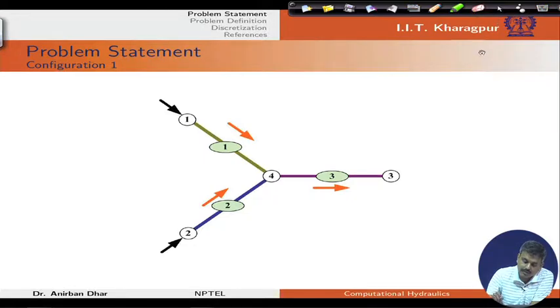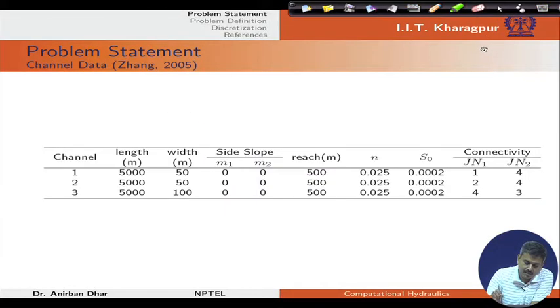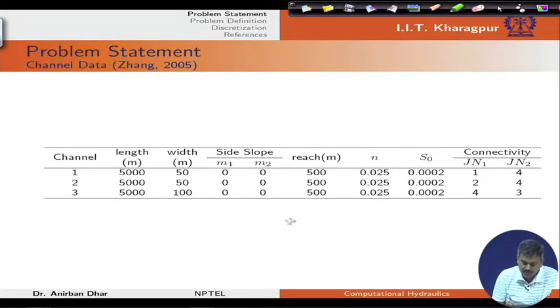So, let us see what are the background information for this one. So, channel data, we have channel number 1, this is 5000 meters length.